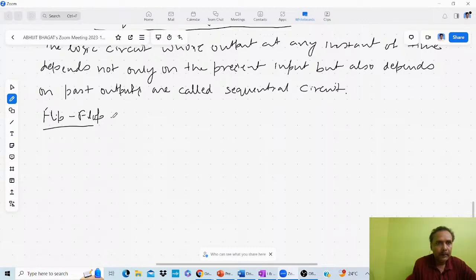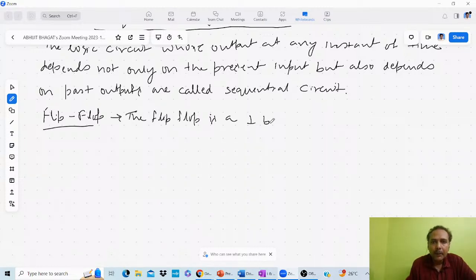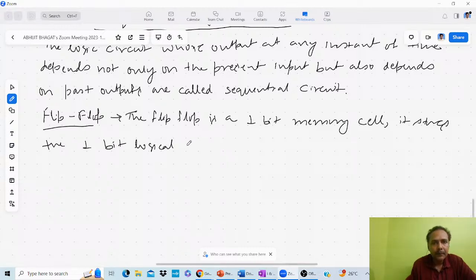By definition, a flip flop is a 1-bit memory cell which stores 1-bit logical data, that is logic 0 or logic 1.